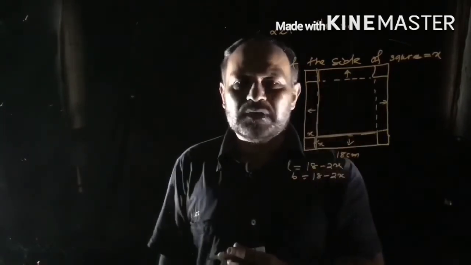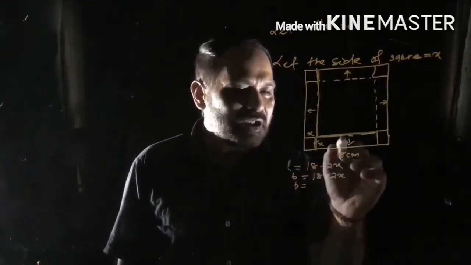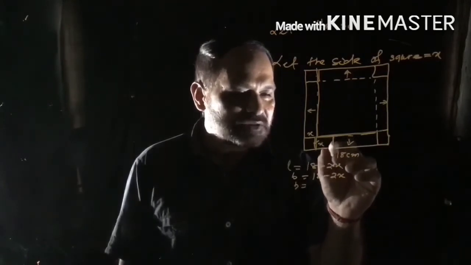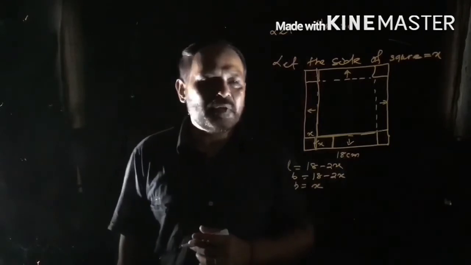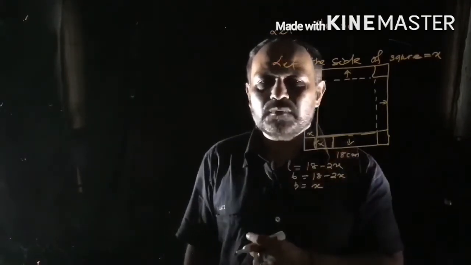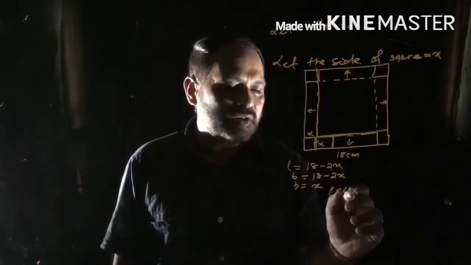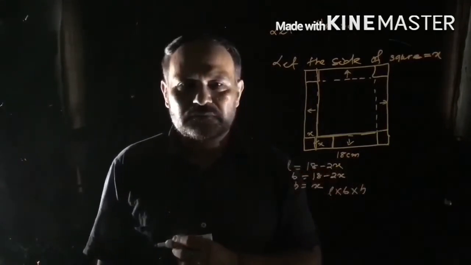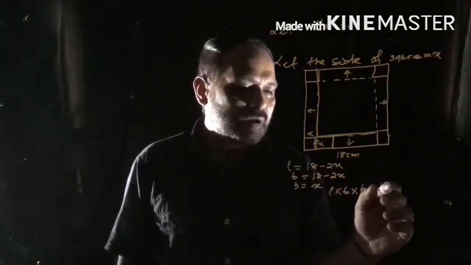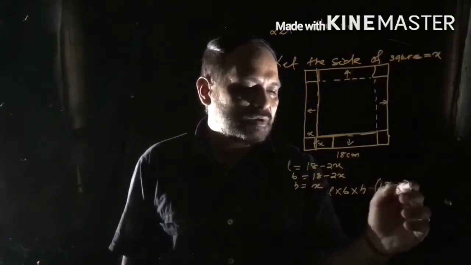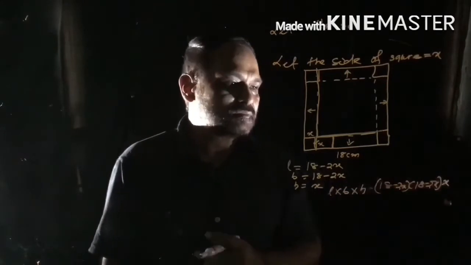We have to find out maximum volume. Therefore, what is the height? Height of the open box is x. What is the formula to find out its volume? Volume is equal to L into B into H. So this is equal to (18 minus 2x) into (18 minus 2x) into x.